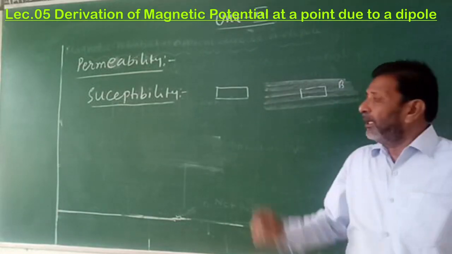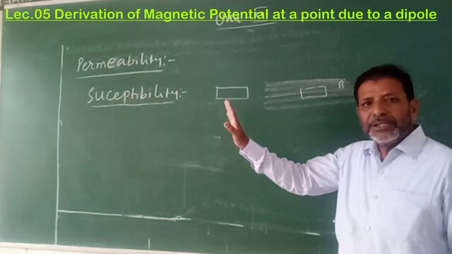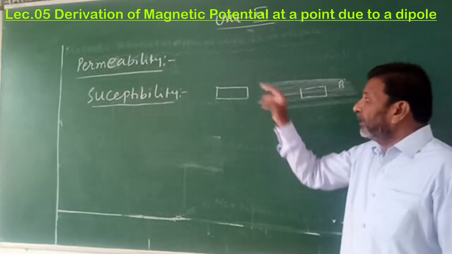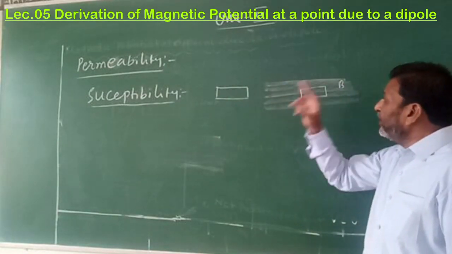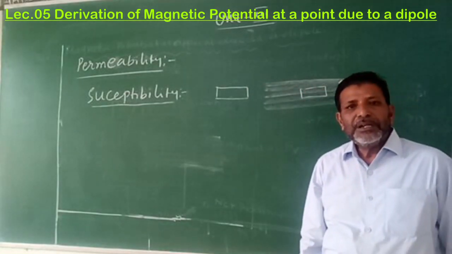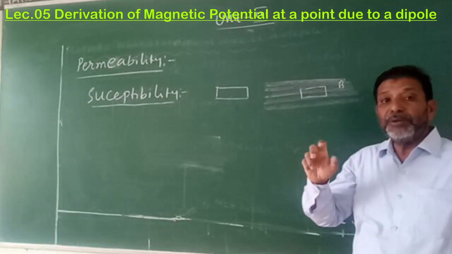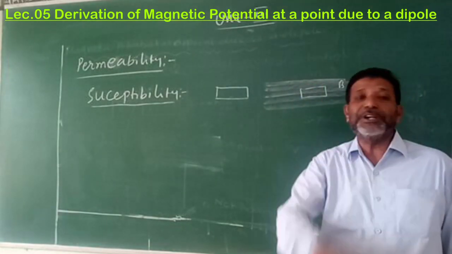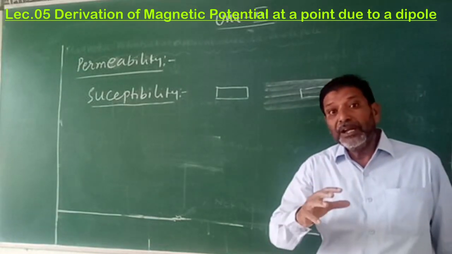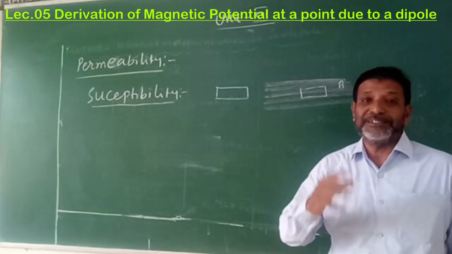If this is a material which is not a magnet, it can be converted into a magnet by placing it into the magnetic field. It doesn't mean the complete material is converted into a magnet; it may be completely or partially converted.